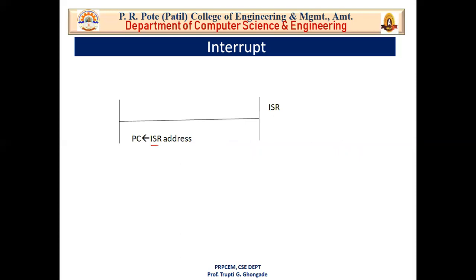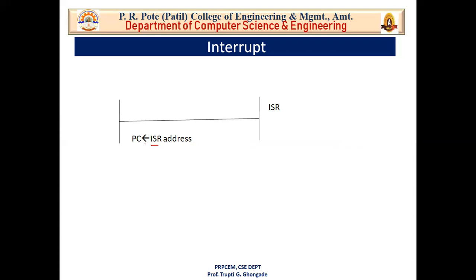That is, the processor will have to put the ISR address into the PC. Here you are learning about the internal processor. When the processor gets an interrupt, it has to put the ISR address into the program counter, and now it will go to the ISR. Again your program counter goes on incrementing.